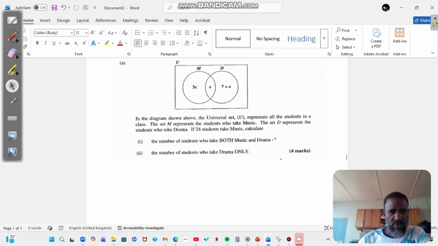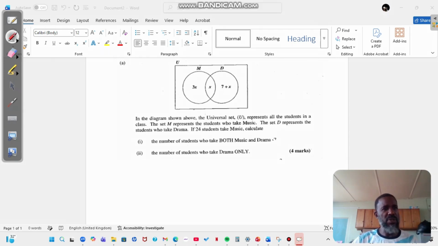So just to remind ourselves of some things about sets: this area here represents those who are both in drama and music.